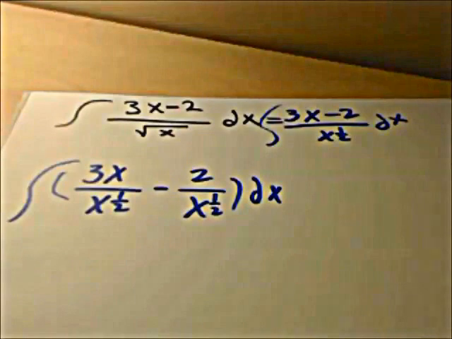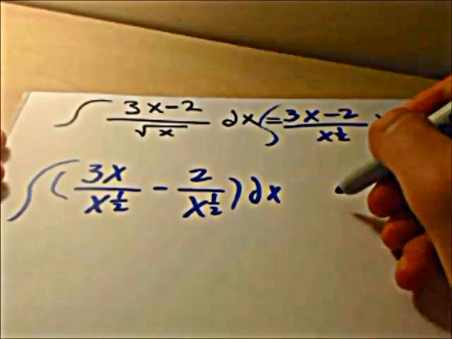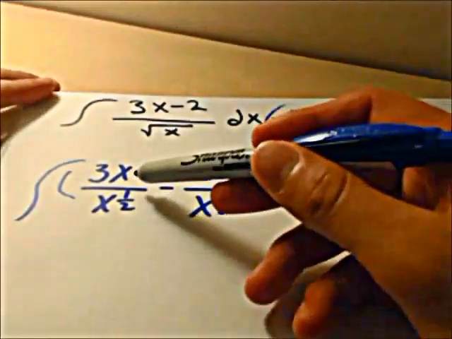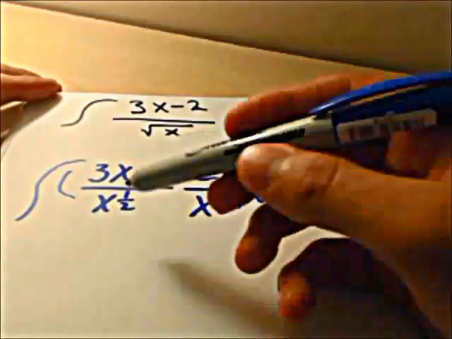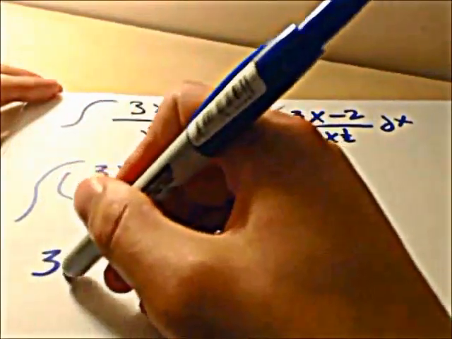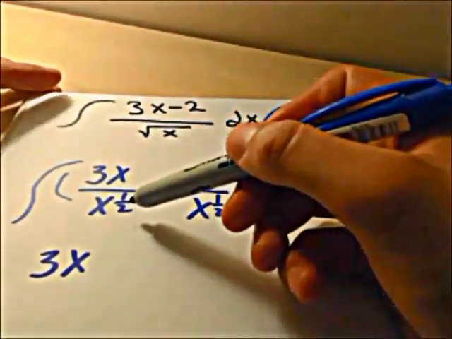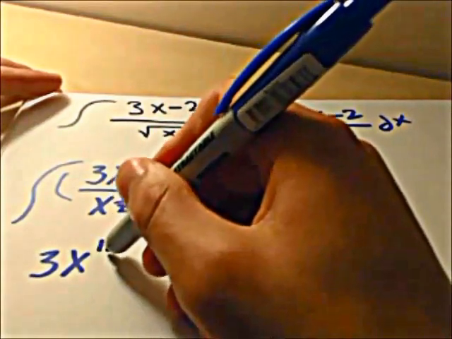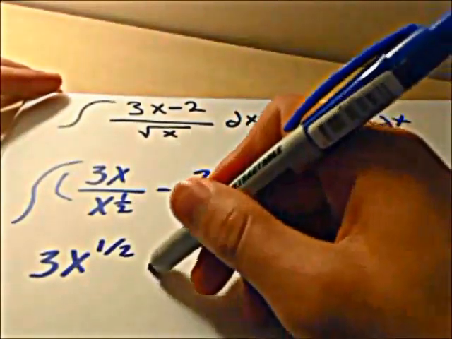Now our problem looks a lot neater and can be solved a lot more easily. First we simplify the variables together: x to the power 1 over x to the power half is 1 minus half, which is positive half, and leave the 3 as it is.